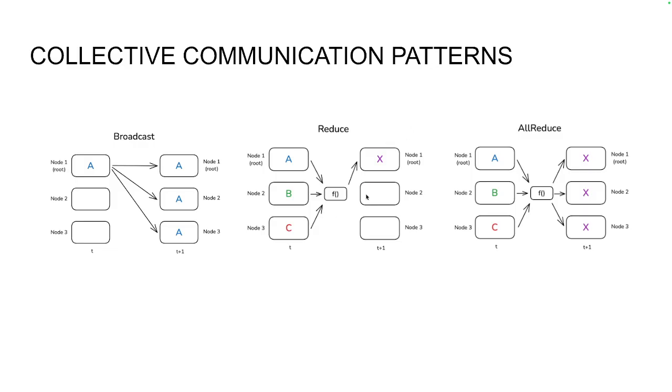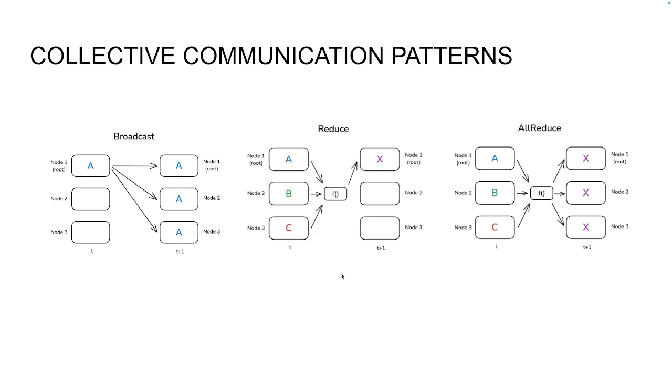The second one is reduce, where you take all the data on all the ranks, do an operation and put the result in one rank, a destination. This can be something like reporting a metric, like the accuracy of classification, where you have data across all the GPUs.